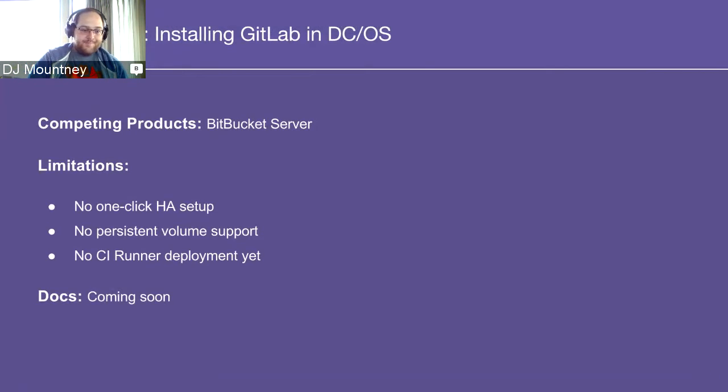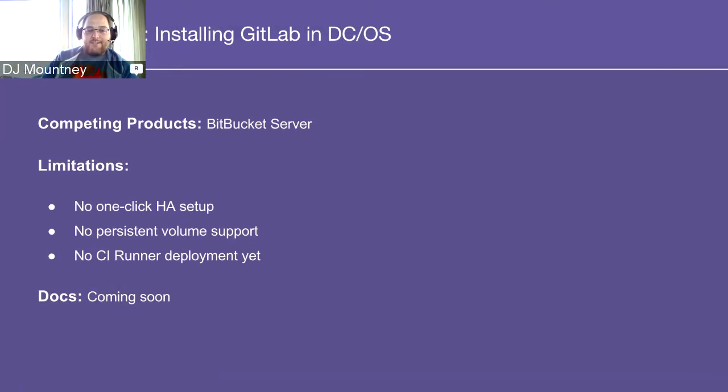There's no persistent volume support. Persistent volumes is another feature of DCOS that would have solved that host pinning problem, where we wouldn't have needed to pin. It works very similar to external volumes, except it's built into DCOS and didn't require you to set up an external volume.